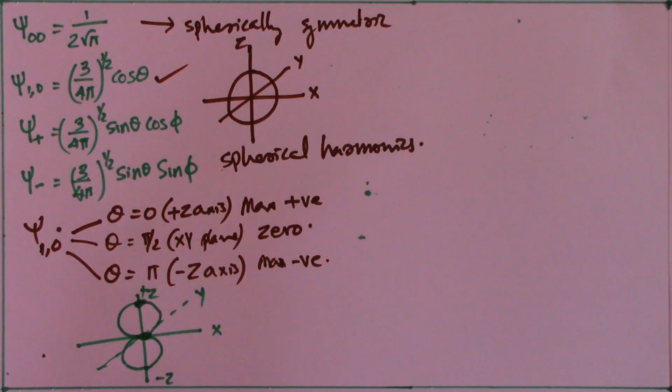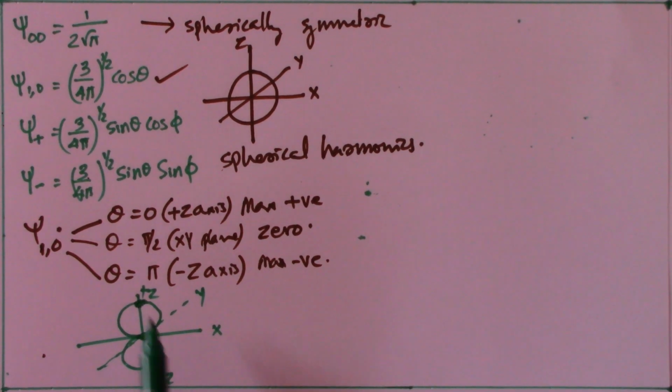I'm just bringing your attention to what you already know about the pz orbital. You know that these are also two lobes, one above the xy plane and one below the xy plane, and both lobes are oriented through the z axis, and this is also analogous to that. Two lobes are there, they are oriented along the z axis perpendicular to the xy plane.